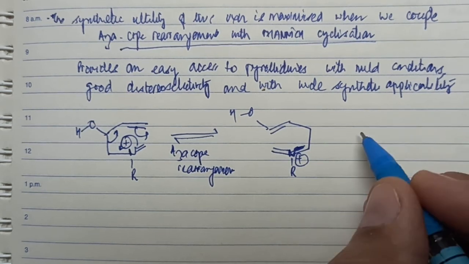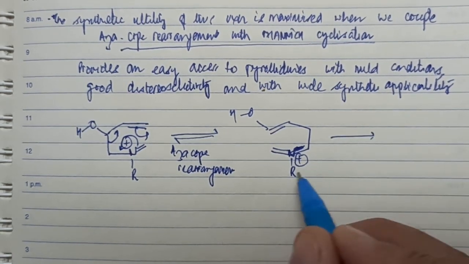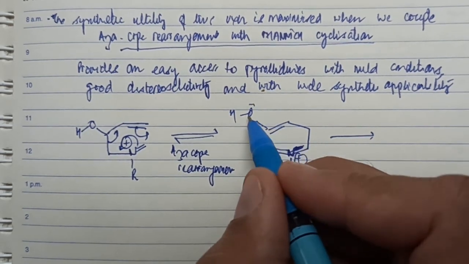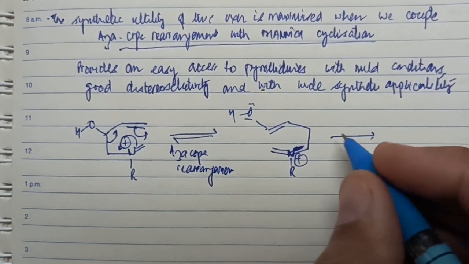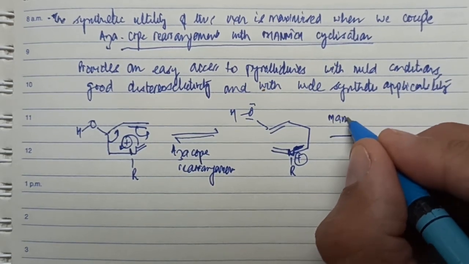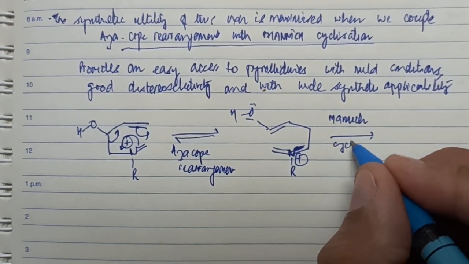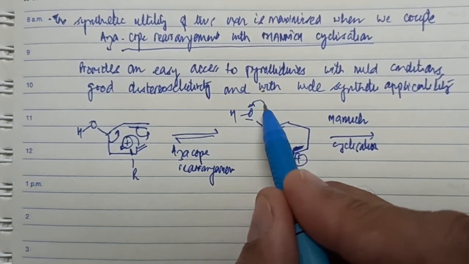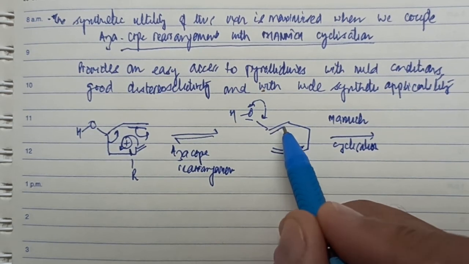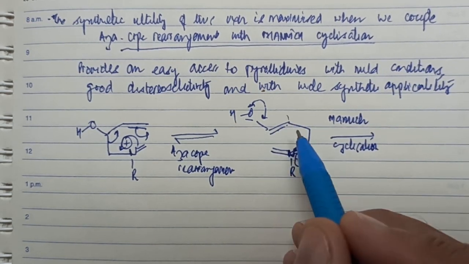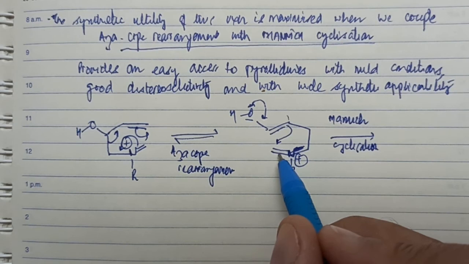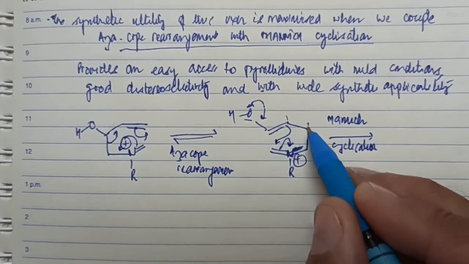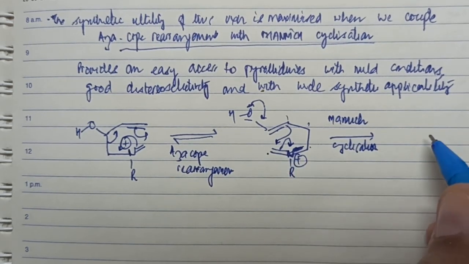Now if it so happens that, in order to provide stability to this nitrogen atom and quench the nitrogen's positive charge, this oxygen under base catalyzed conditions, as in Mannich cyclization, you take a base, generate the alkoxide ion, this oxygen will move here, these electrons will come to this carbon atom here, and if this carbon atom attacks this carbon atom here so that the nitrogen's positive charge is quenched, the result will be the formation of a 1, 2, 3, 4, 5 membered ring containing nitrogen atom like this.